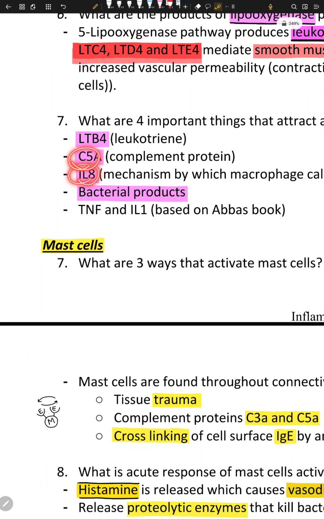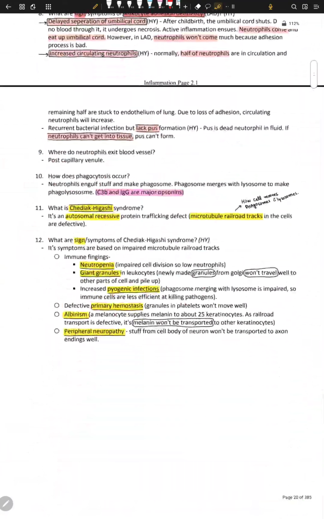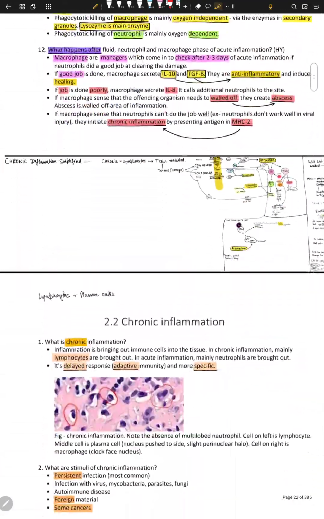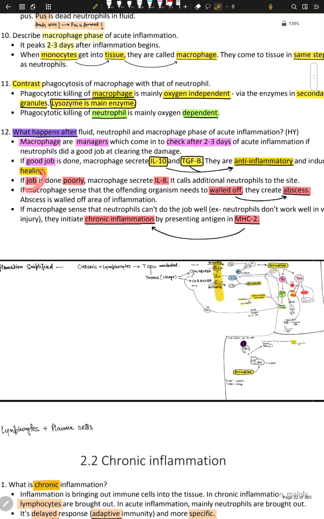IL-8, C5a, LTB4, which is leukotriene B4, the complement part C5a, and bacterial products. They are neutrophil lovers, all 4 of them. If the job is done poorly, the macrophage secretes IL-8, which causes the addition of neutrophils to the site.